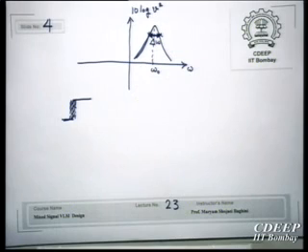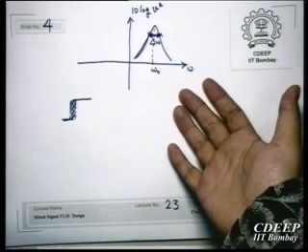Now, the question was how this DLL will respond to jitter. It depends on the bandwidth of the loop filter, because now you are applying a signal like this to the DLL.